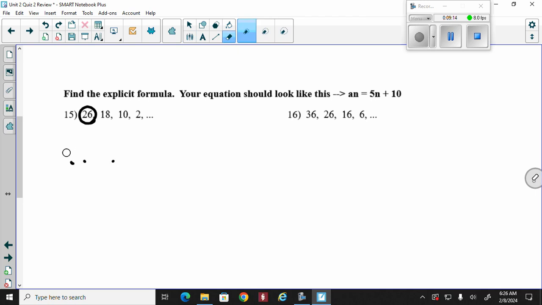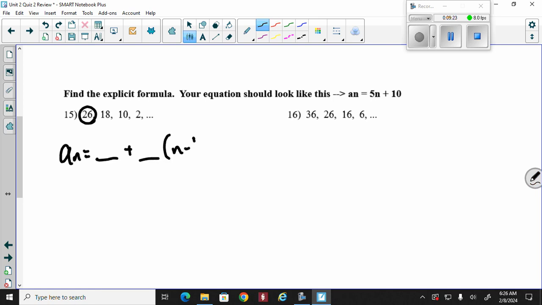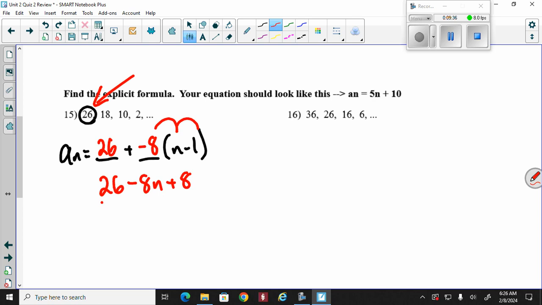So again, a of n is equal to my first term plus my common difference times n minus 1. My first term is 26 because I can literally see it right there. And I'm subtracting 8 every single time. -8, getting distributed. 26 minus 8n plus 8. Combine the first, combine the last. -8n plus 34.